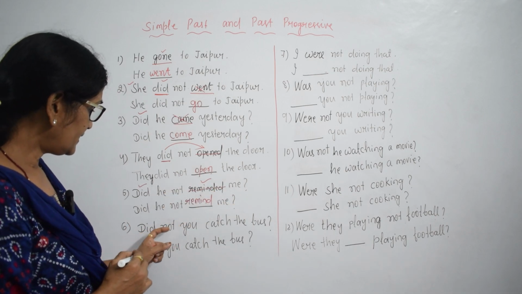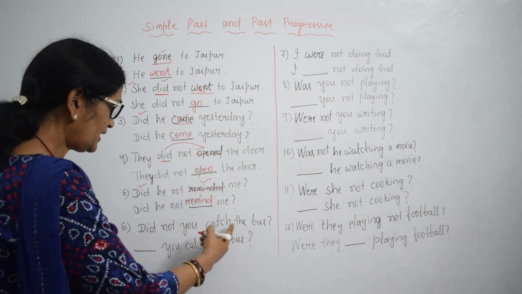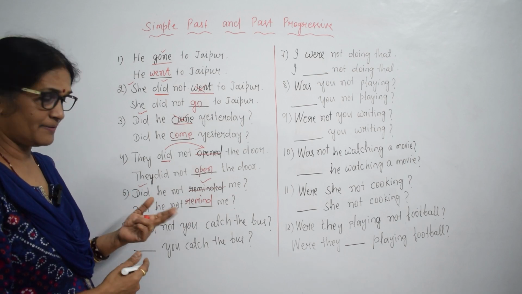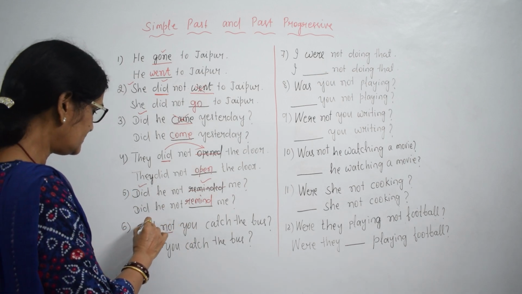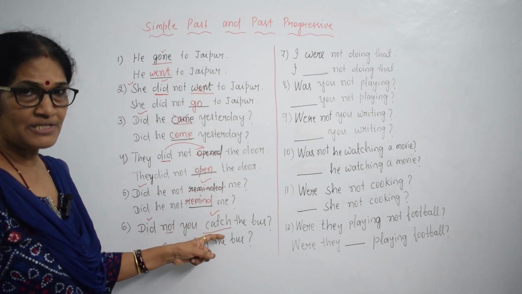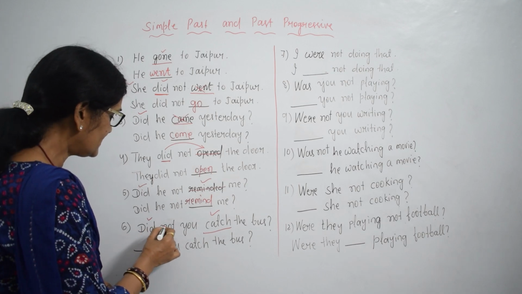Did not you catch the bus? This is a negative interrogative sentence because not is used there. But what is wrong here? Did is followed by the base form of a verb, and that is correct. So where is the mistake? It is in did not.